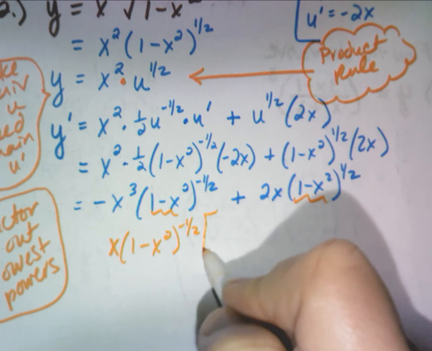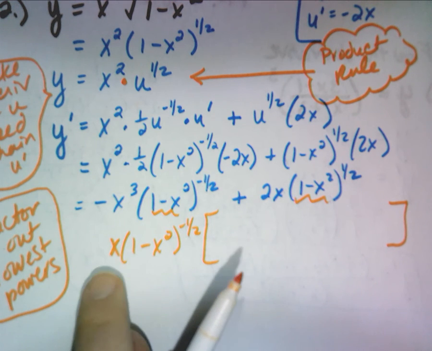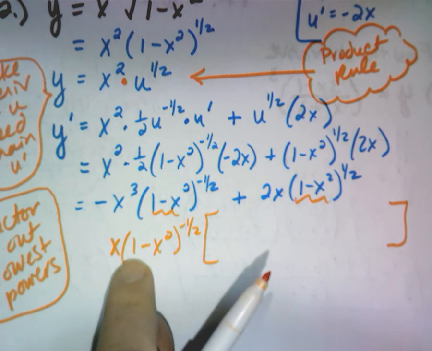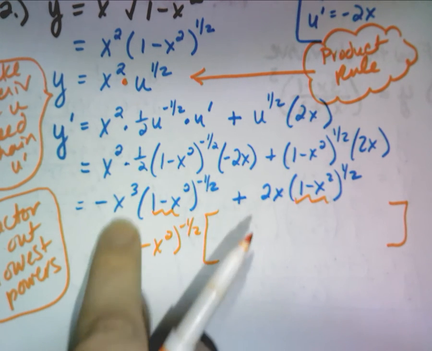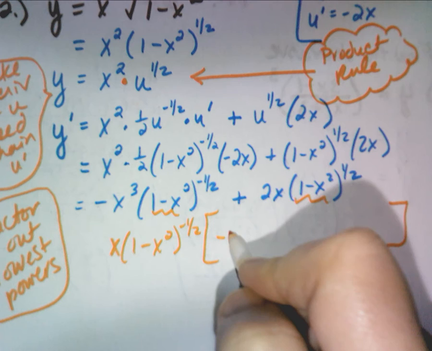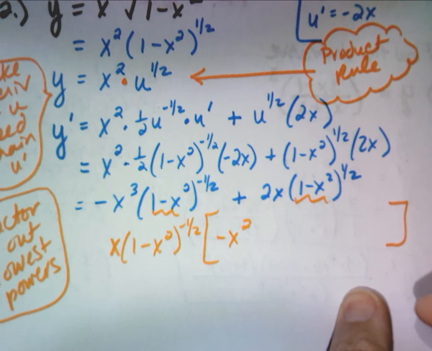Remember doing this with a bracket, going all the way back to September? If I took out x times the quantity 1 minus x squared to the negative 1/2 from here, what would I have left? Negative x squared. That's all I have. Remember I said, guys, this is an actual problem you'll do in the future.